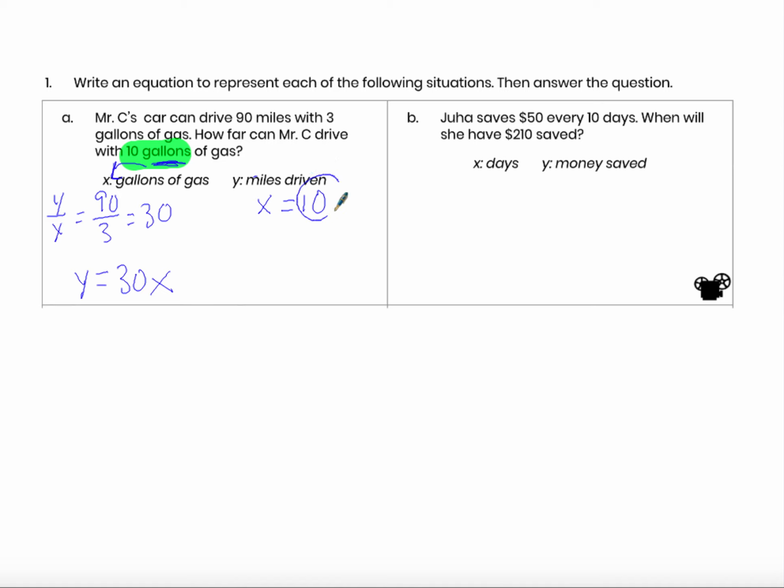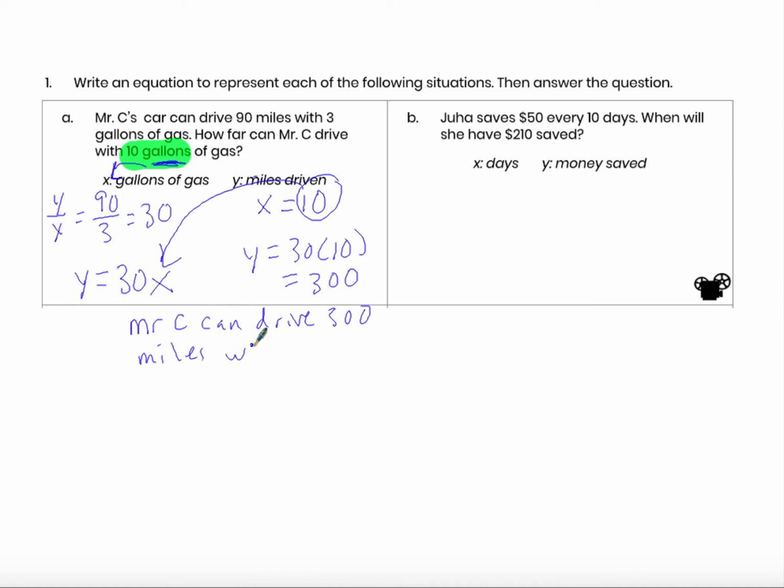To answer that question, I'm going to plug in 10 for x. So y equals 30 times 10, which is 300. This tells me that, and there is not room to write this, Mr. C can drive 300 miles with 10 gallons.